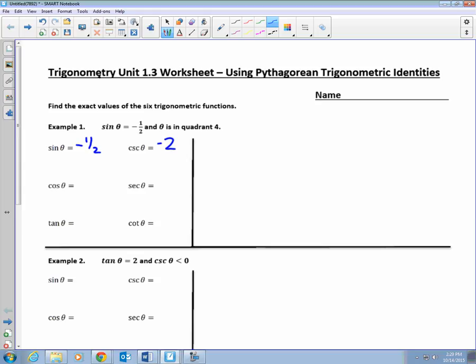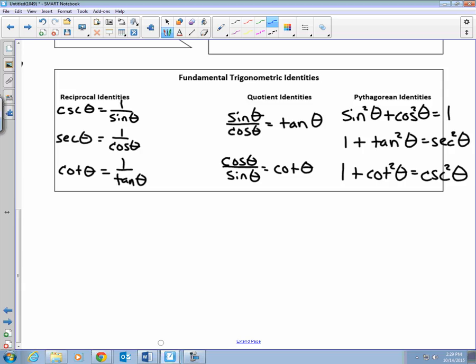Now, look, I have sine. Is there one of your formulas that involves sine that we just wrote down? So I'm going to choose one of those 3.